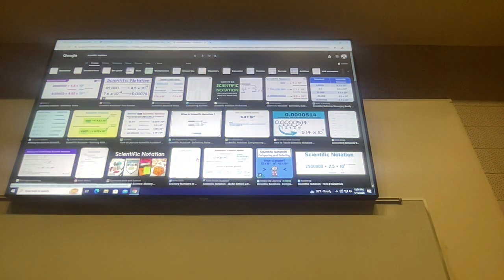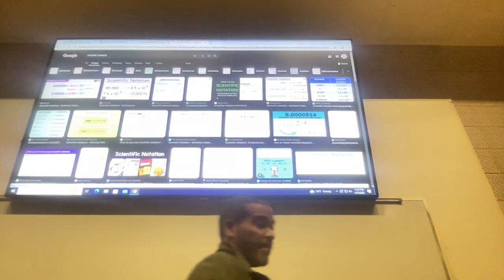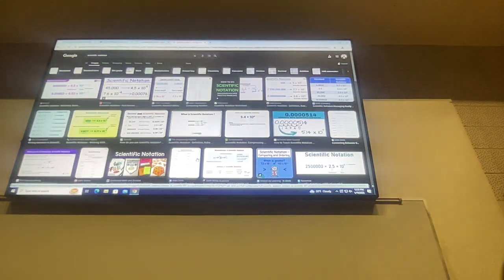Like what I tell my other classes, I'm not a micromanager. I'm not going to check to see if you're practicing or doing what you need to do.